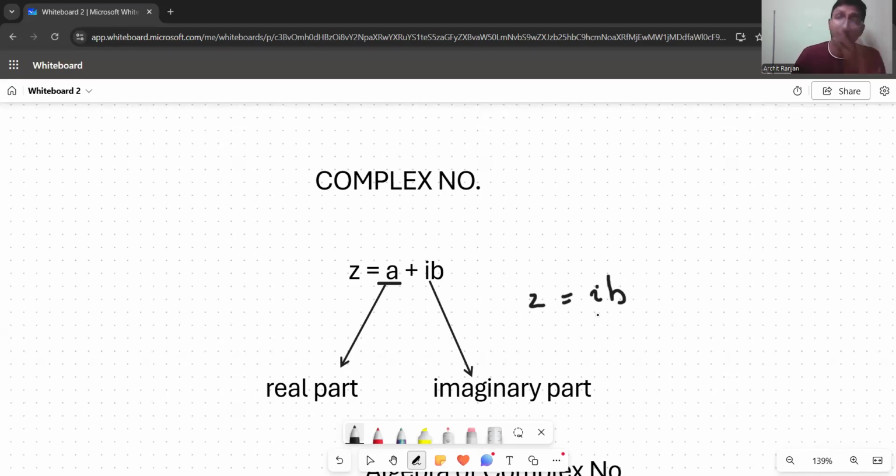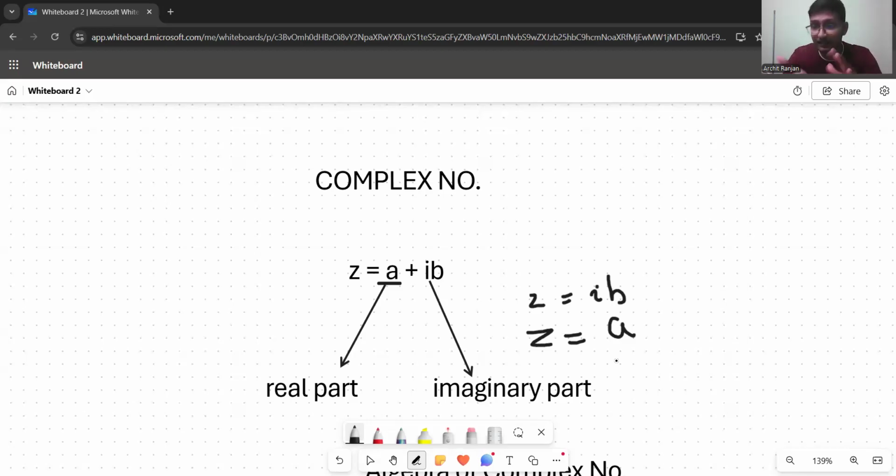Right, fine. And similarly, if we take B as 0, we get A, a real number. So now we can say that all real numbers are basically complex numbers. Such complex numbers which do not have an imaginary part are called real numbers. Quite simple.